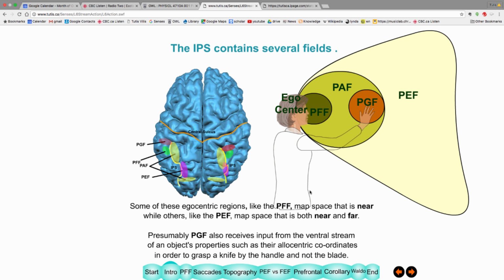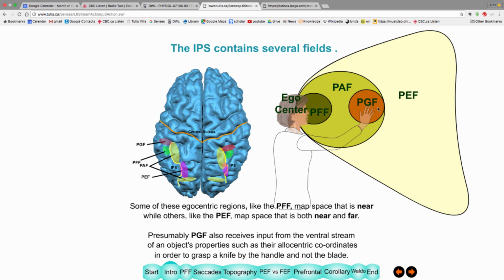Now, each of these areas represents different parts of space. The parietal face field is something here close to the face. They represent locations on your face. The objects could be far away and heading for these different locations, but they're always locations on your face.